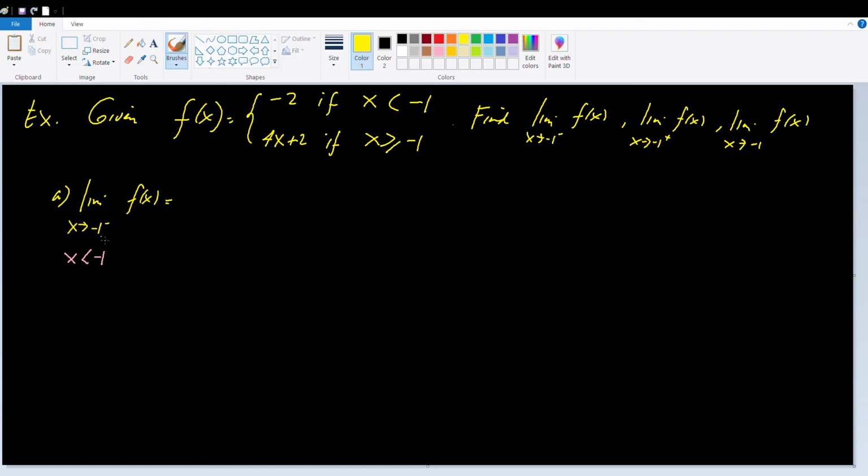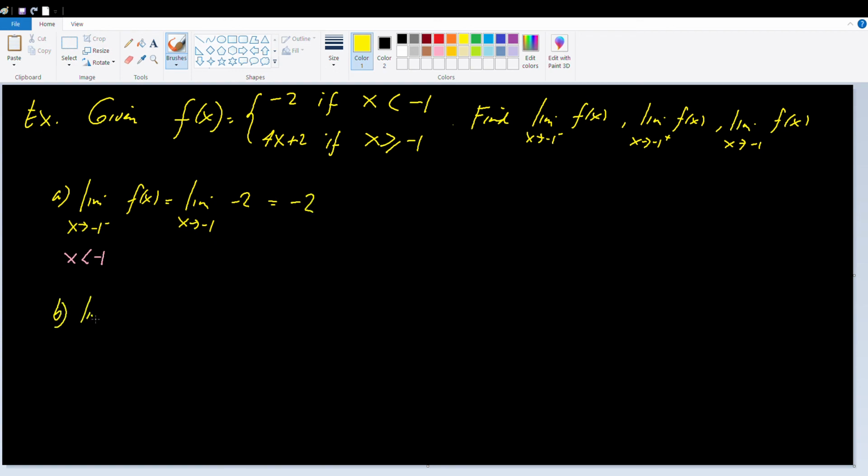This part is very important because that will determine which part of the definition you are going to use in evaluating the limit. So if x is less than -1, then it should be the limit of -2 as x approaches -1. And the limit of the constant -2 as x approaches -1 is -2.